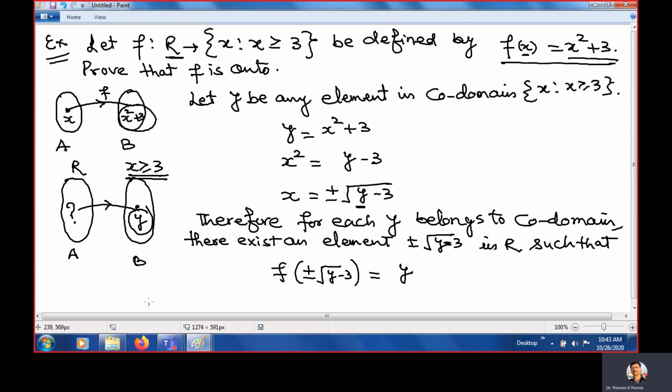So that means the codomain is equal to the range. Therefore, f is onto.